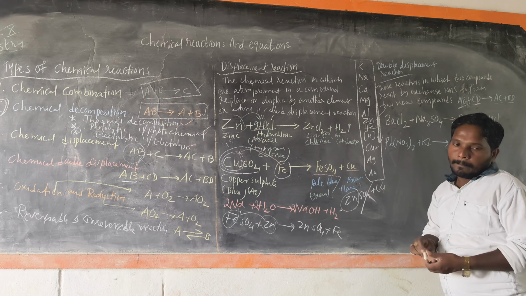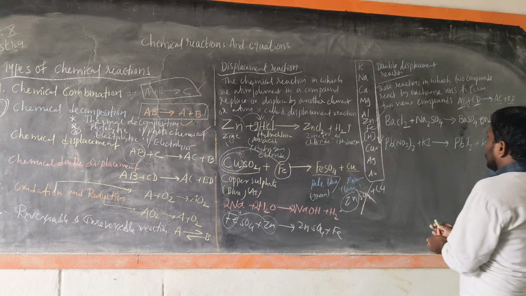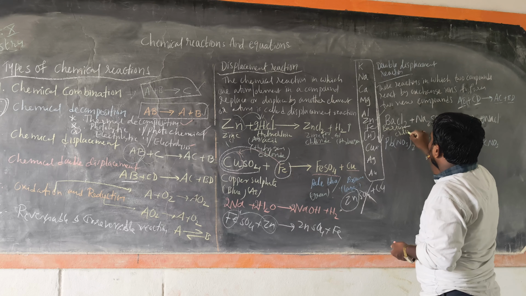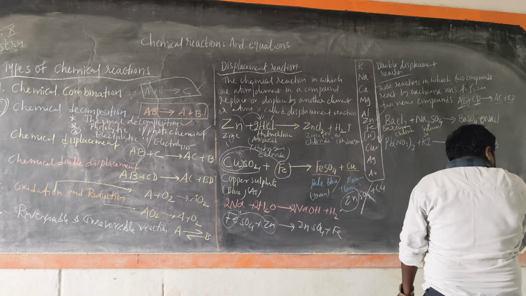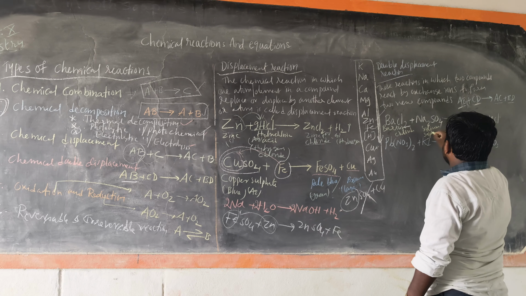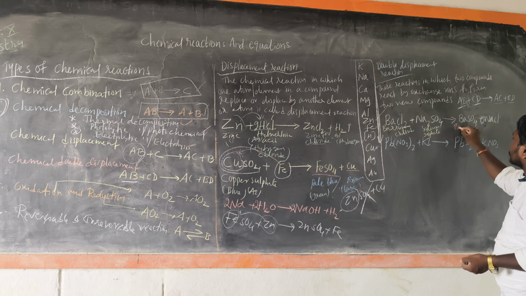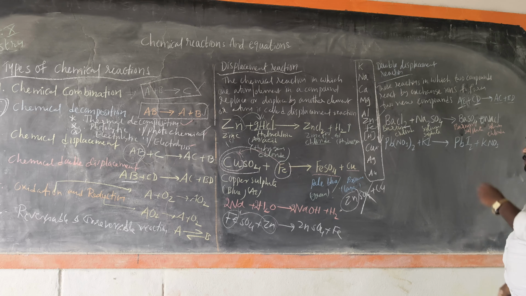So this is barium chloride aqueous solution, and this is sodium sulfate. After the reaction it forms barium sulfate and sodium chloride.